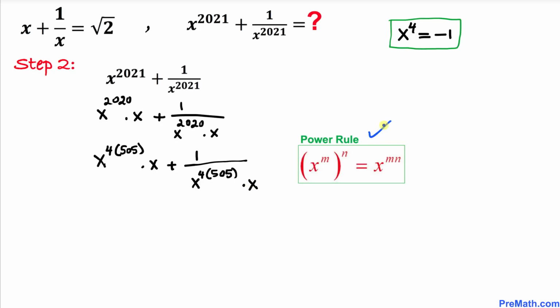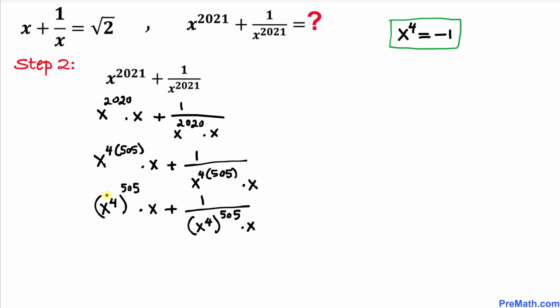And now let's recall this power rule of exponents. We can apply this rule on this part and this part as well. So we can write that as a nested exponent, x to the power 4 and then to the power 505 times x plus 1 divided by x to the power 4 and then whole power 505 times x.